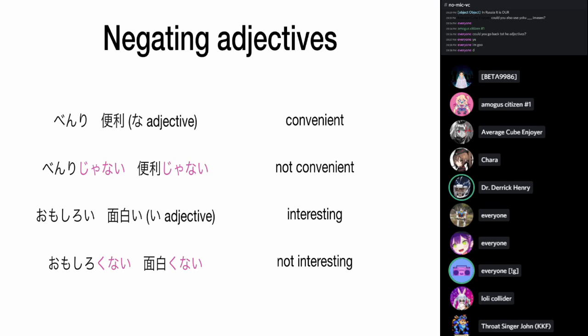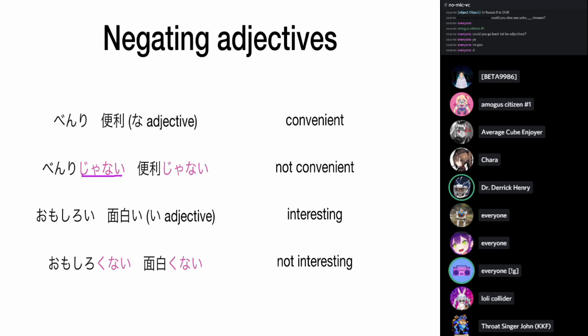But now we're going to talk about negative because we also want to be able to use the negative past tense. So first, let's go over negating the adjective. This is what I want you to pay attention to, Waters, because you missed this. For a na adjective, you just add janai at the end. So benri becomes benri janai.